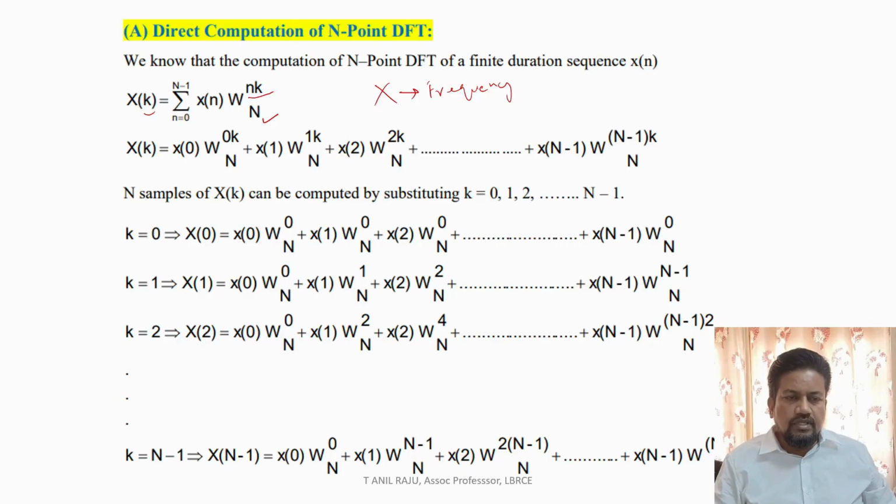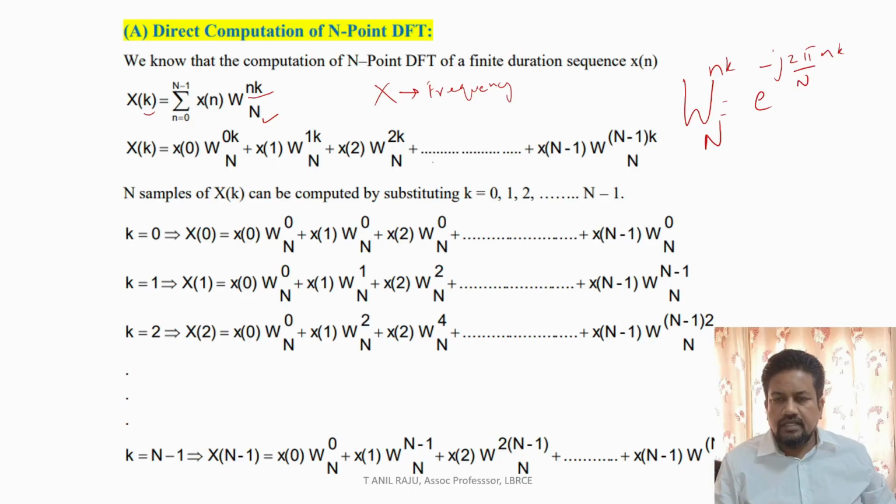Coming to the W, it is the twiddle factor. So what is this W? Let me write capital W subscript capital N, which is nothing but e power minus j 2 pi nk divided by capital N. So the formula for this twiddle factor is e power minus j 2 pi by N, nk.